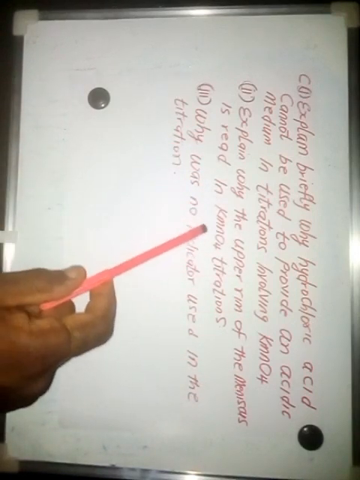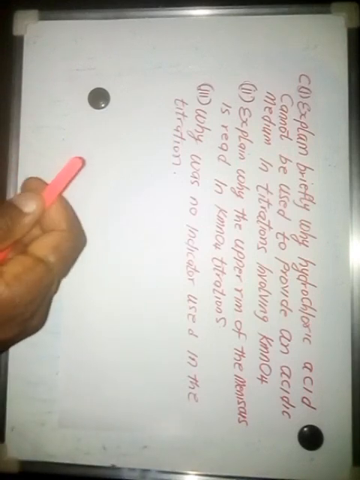The next part of this question, explain why the upper rim of the meniscus is red in KMnO4 titrations. Unlike your normal titration where you put acid inside the burette, you notice that it is transparent. You can see all the markings, the ring, everything. But in the case of KMnO4, it's purple in color. You can't actually see those markings, and that's why we take the upper meniscus.